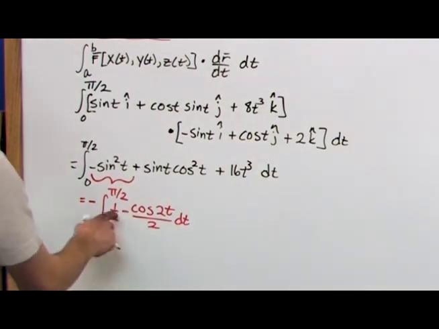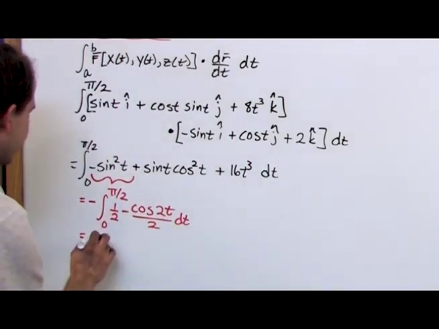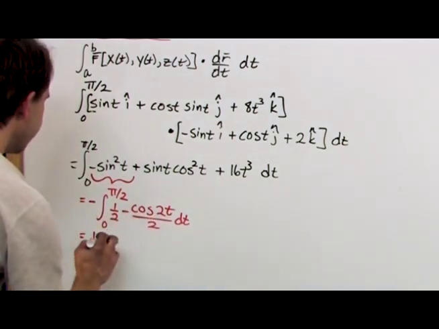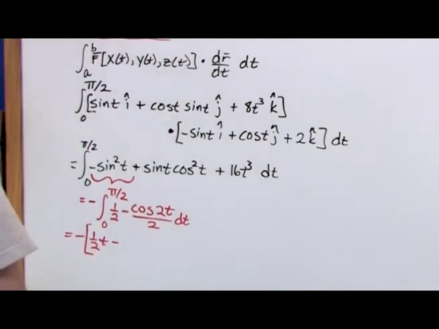Now, you know how to integrate the 1/2, you know how to integrate a cosine, so you can pretty much easily do that. Integration of 1/2 is just 1/2 t. And there's a big fat negative sign outside of all that stuff.